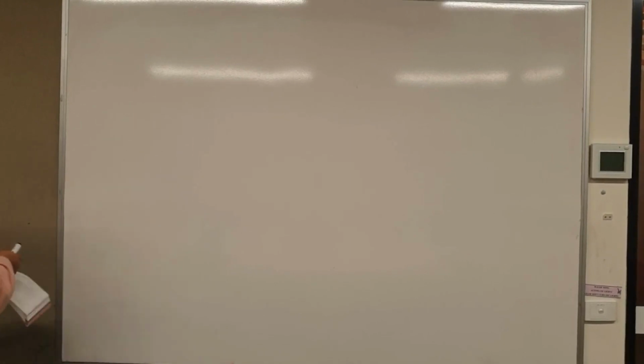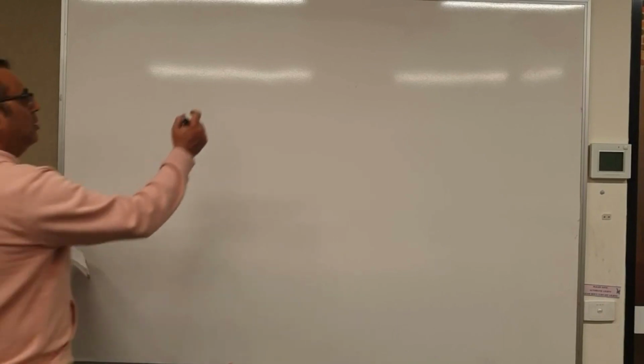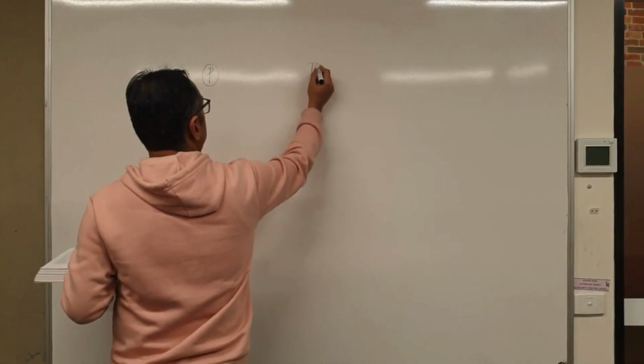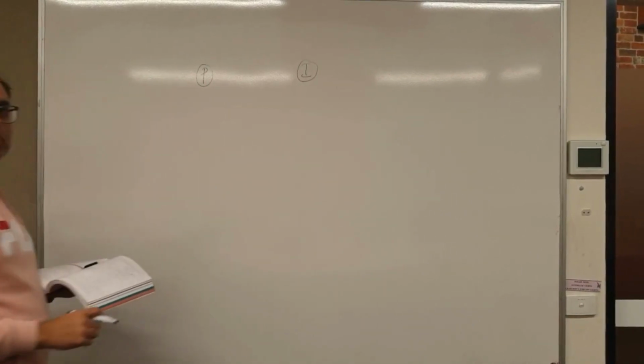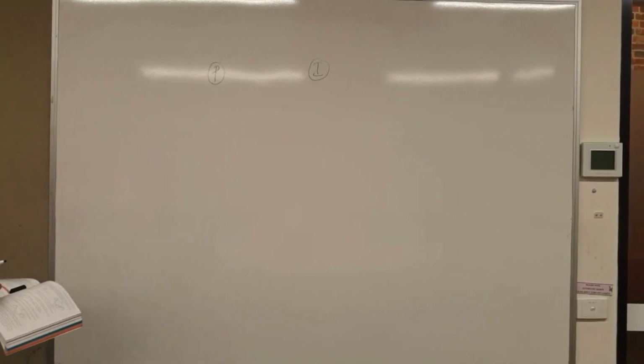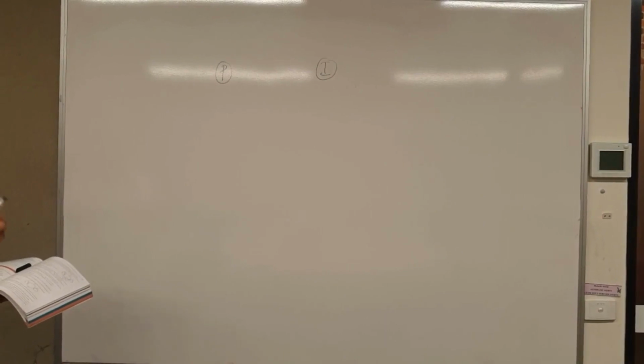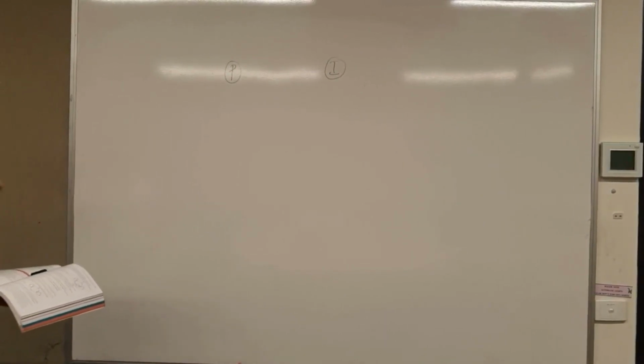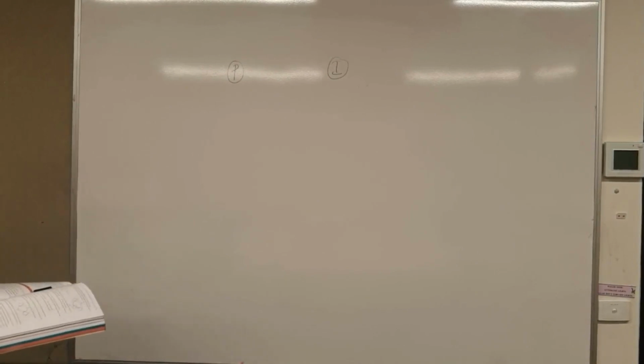So question says, when people go to the movies, they either buy popcorn or ice cream. So popcorn or ice cream are my two nodes, right? It says 85% of people who buy popcorn this time will buy popcorn next time.